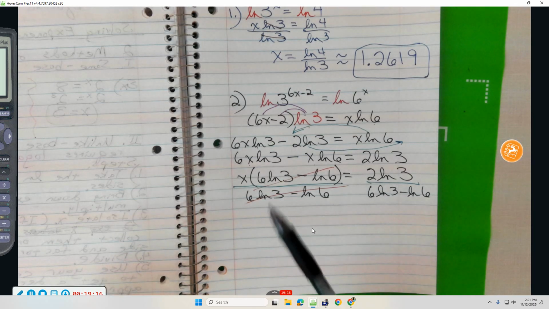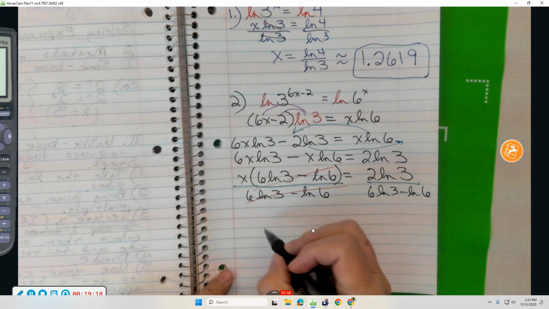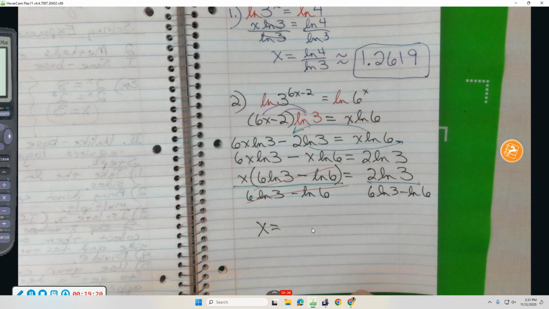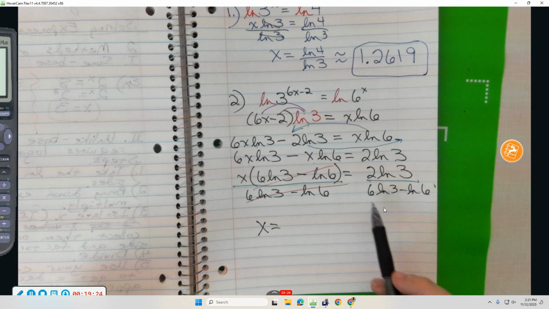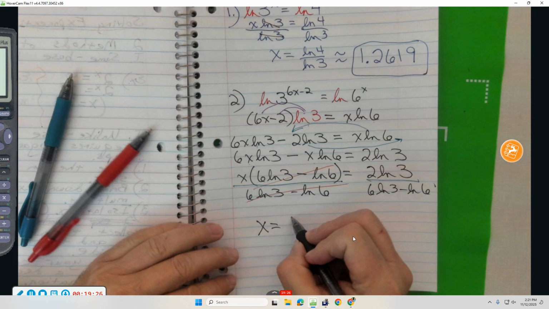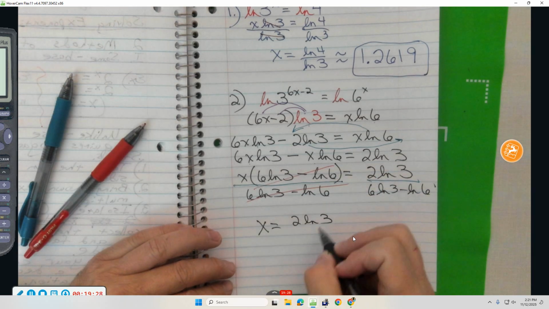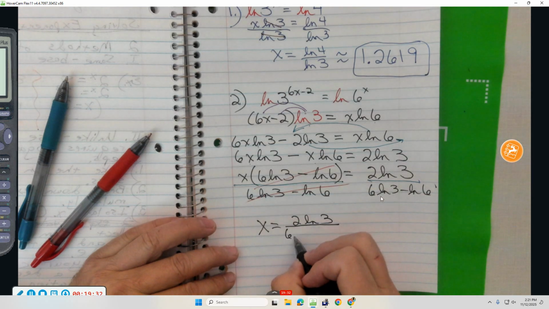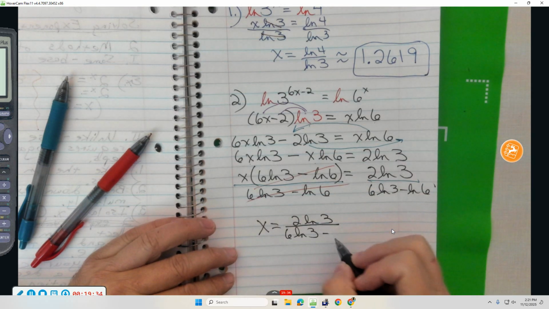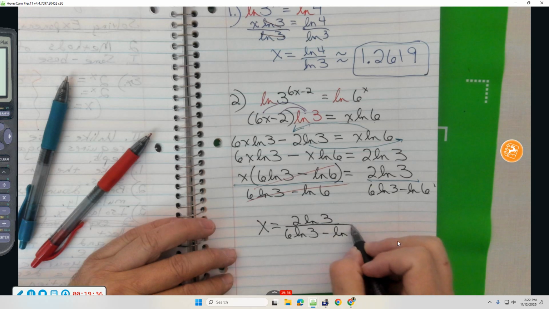So on the left side, all we have remaining is x equals, and look at the stuff we're going to have to punch into our calculators: 2 ln3 on top, all divided by 6 ln3 minus ln6.